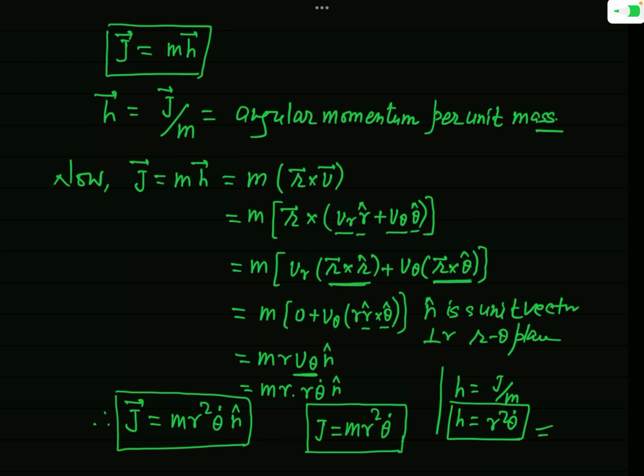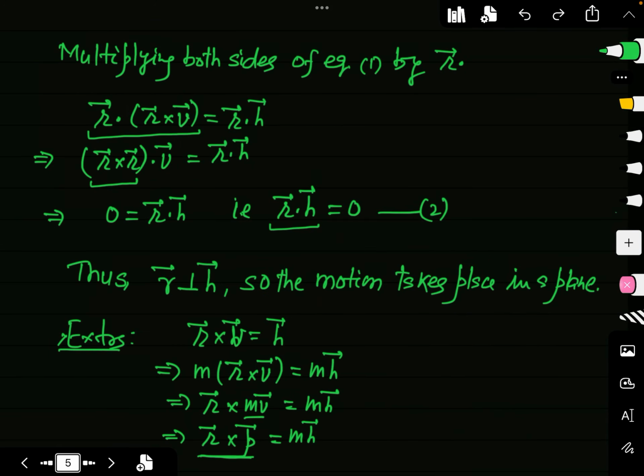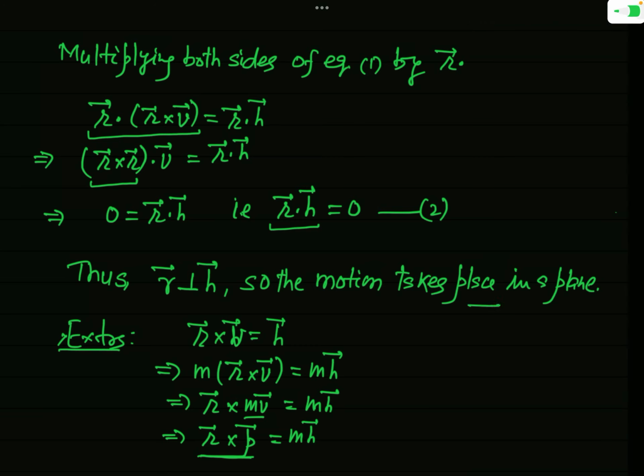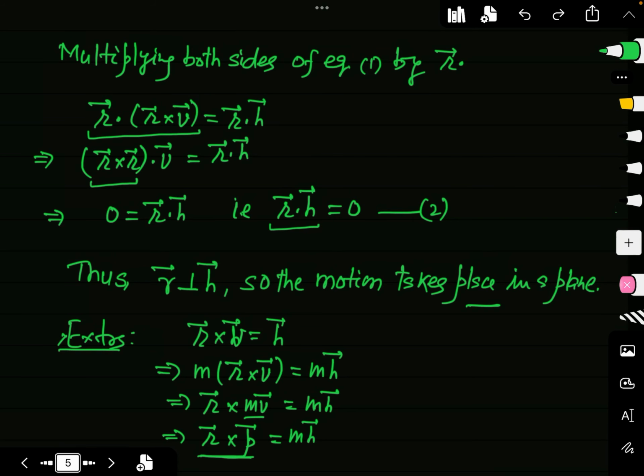We only had to explain that the motion under a central force field takes place in a plane, and that fact was proved here, but I have discussed some more extra results which will be invariably used in our forthcoming lectures.